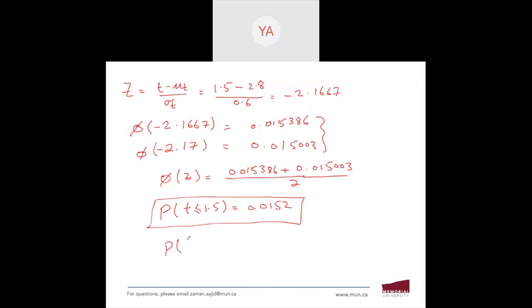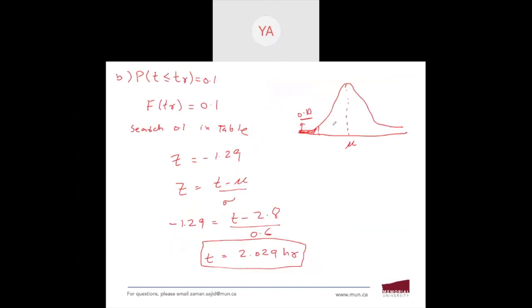So in case he asks you if it is more than 1.5 hours, it will be 1 minus this number, which is 0.0152, and it turns out to be 0.9848. The whole logic is that this z score will give you the proportion which is less than the certain score. If you want to find out the rest of them, you need to subtract it from 1.